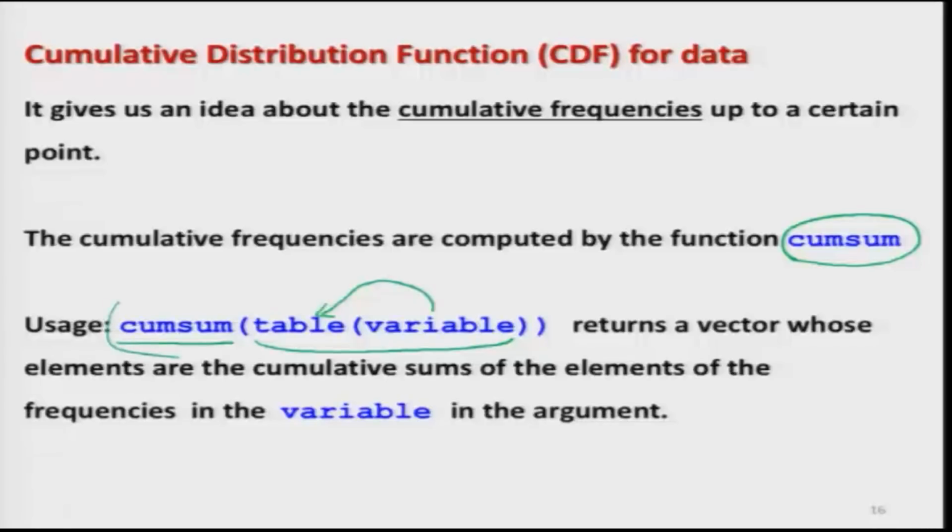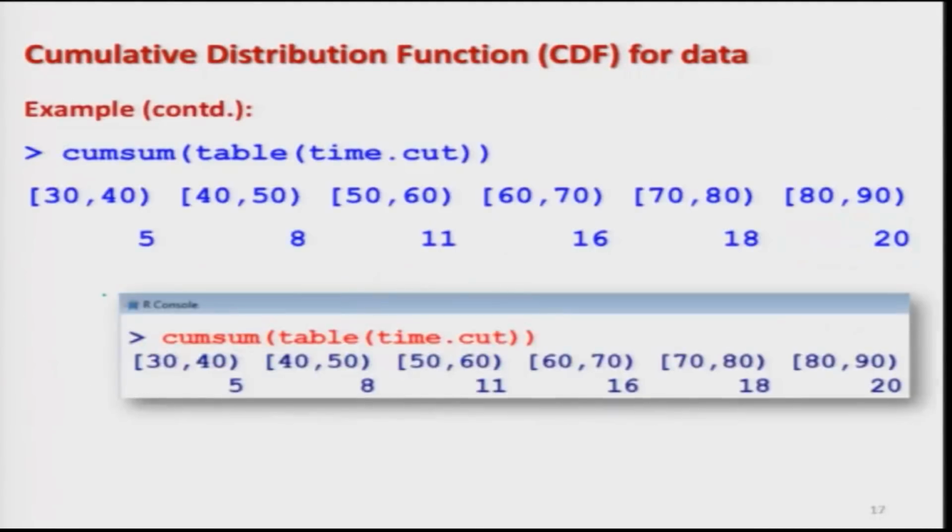So, that is why the complete command will be the cumsum function on the table variable, right. And if you try to do it, this will produce the cumulative frequencies. So, let me try to show it on the data set that we are considering.